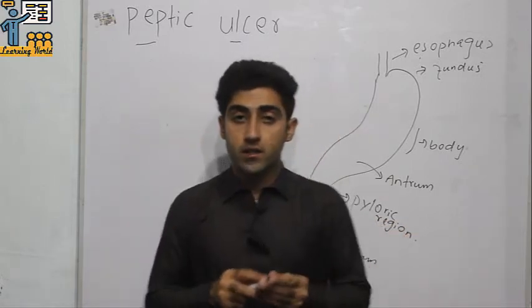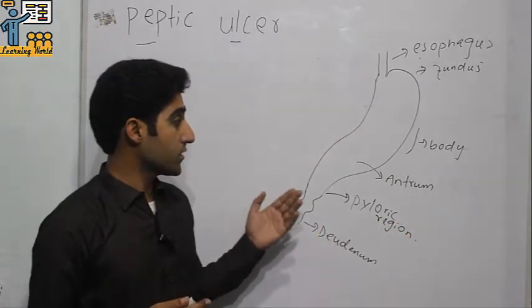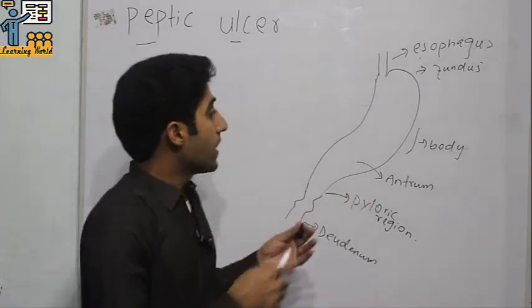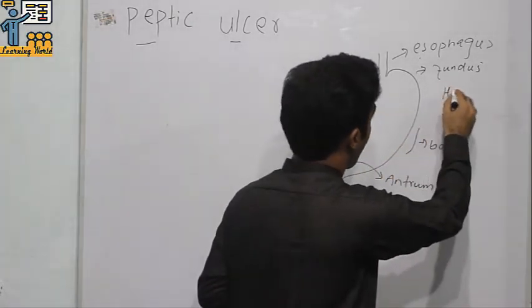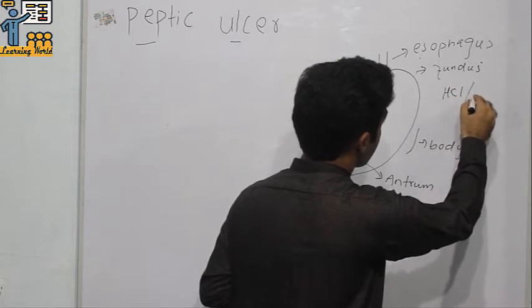Actually, the aggressive factors produced by the stomach are hydrochloric acid and pepsin.